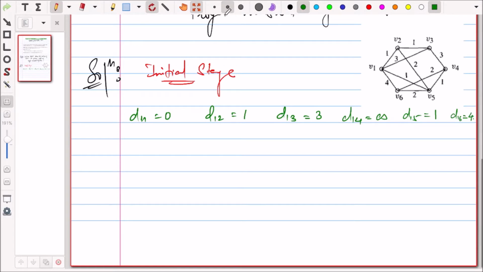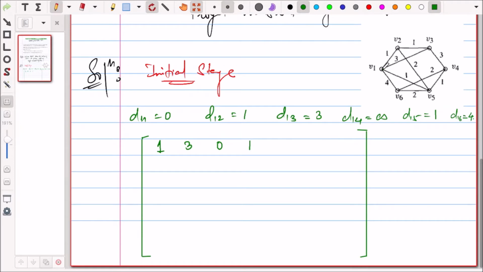Similarly we can generate all the entries, so now we can draw the matrix. You have to generate the matrix in the same way. Let us start, keep going through from vertex 1. So 0, then 1, then there is an edge to 3, so 3, then you come to 4, there is no edge, so infinity, then you come to 5, there is an edge, so 1.